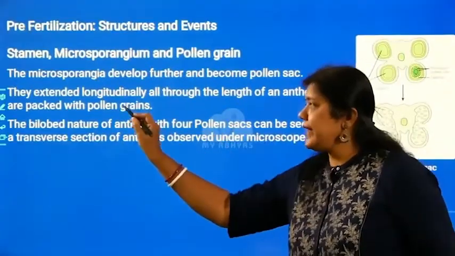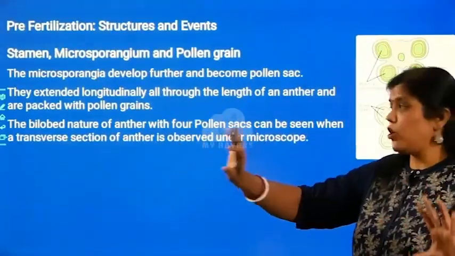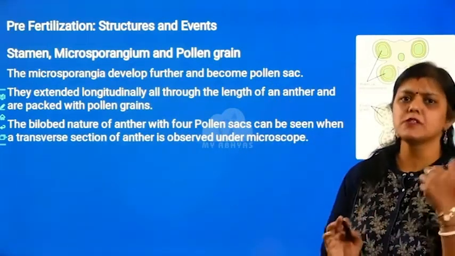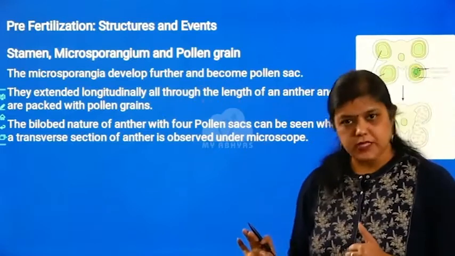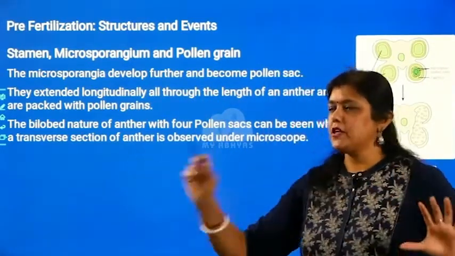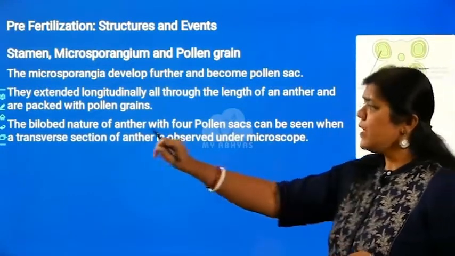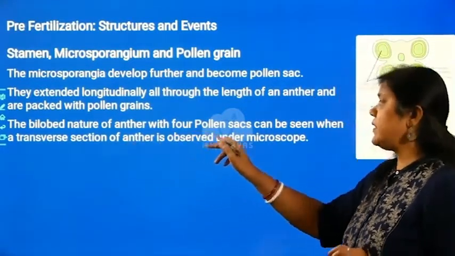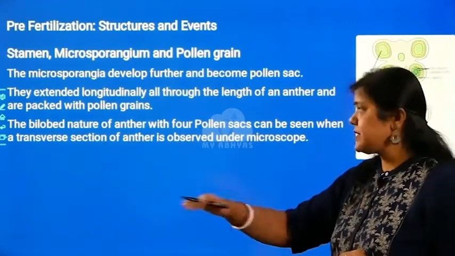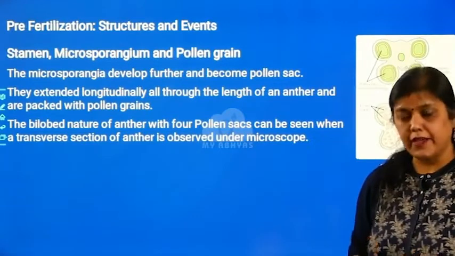So, they extend longitudinally all through the length, and they will be packed with pollen grains. What will be packed? The microsporangia. The bilobed nature of the anther with 4 pollen sacs can be seen when a transverse section of the anther is observed under a microscope.